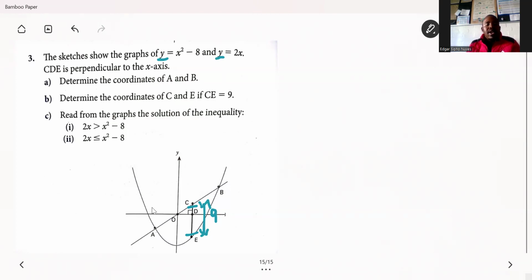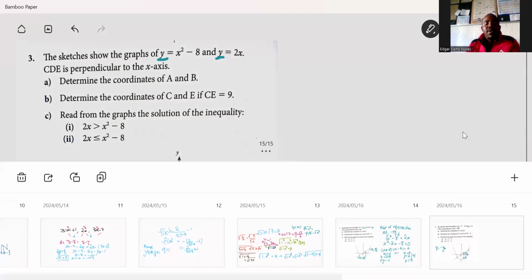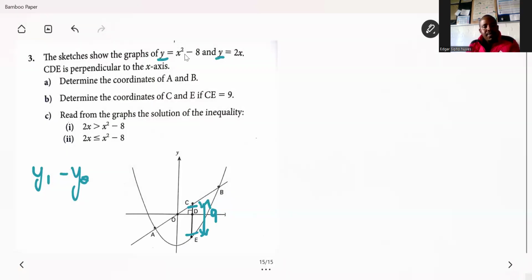So if you wanted to work out the distance from C to E in terms of the symbols, you take the bigger one, Y1 minus Y2. To work out CE, we take the bigger function minus the smaller one. We don't have the information in terms of numbers; we have it in terms of the formulas.